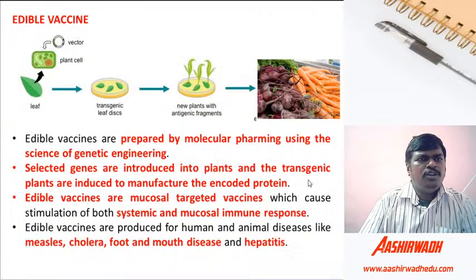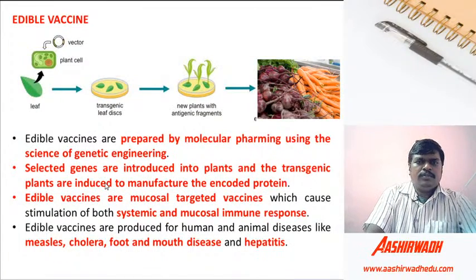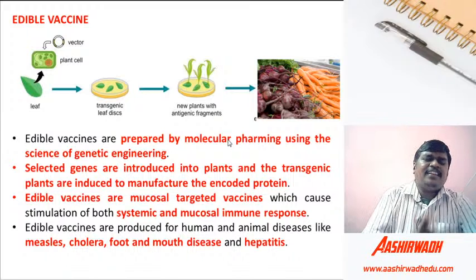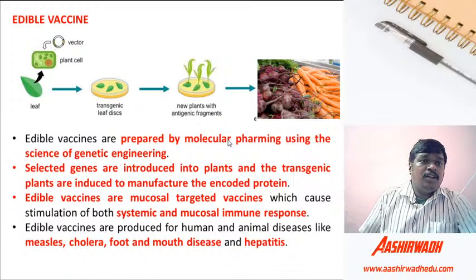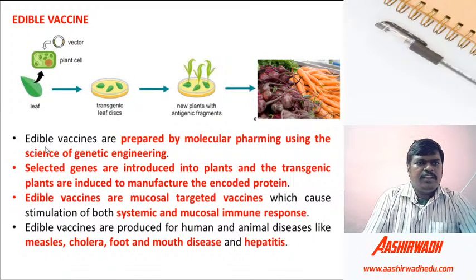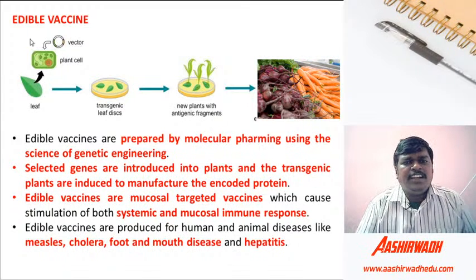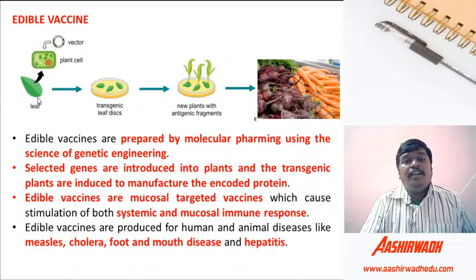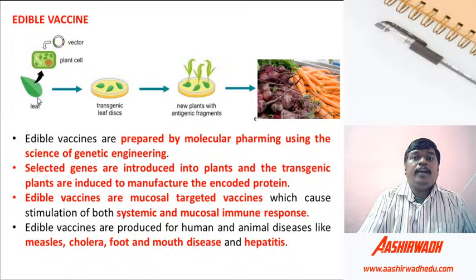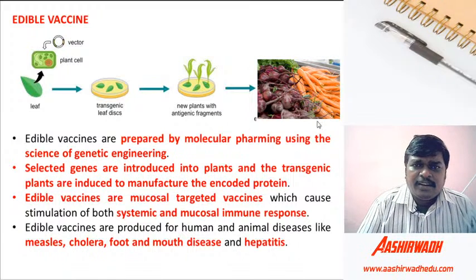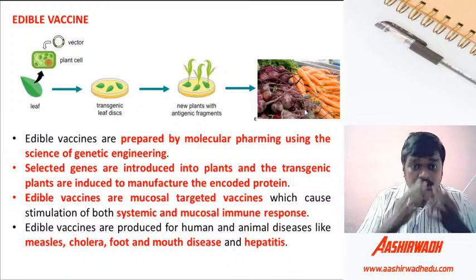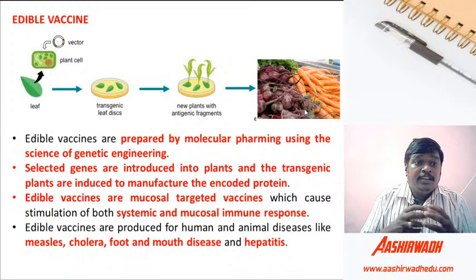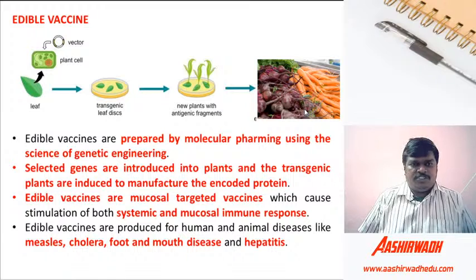Now I want to explain the edible vaccines. Instead of taking vaccines in the form of injections or orally, we now have edible vaccines. For edible vaccines, the selected genes are introduced into the plant, and the plant itself produces a product that is coded with a certain protein that induces the immune response.